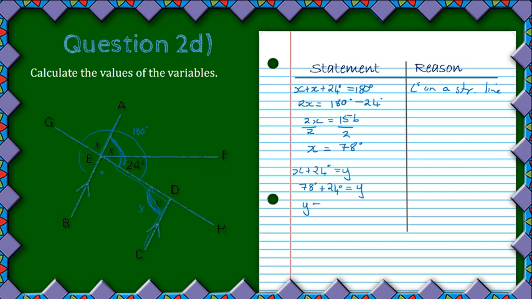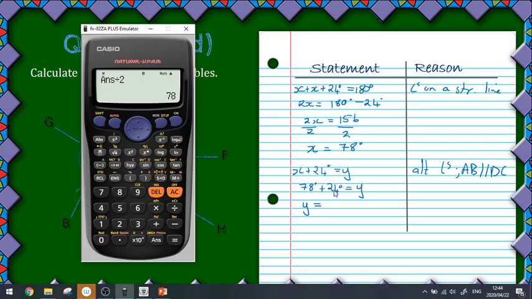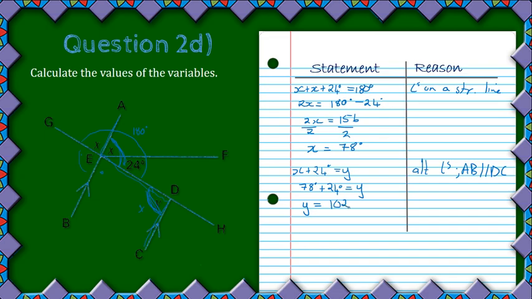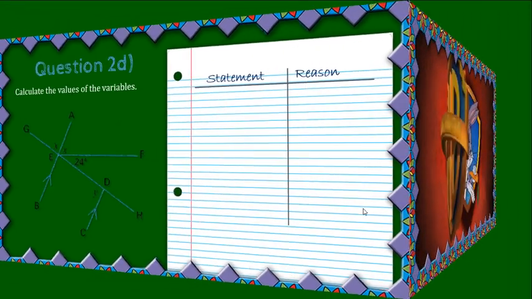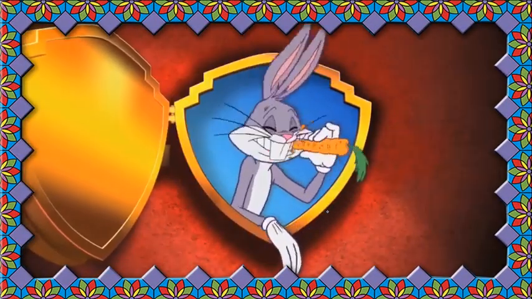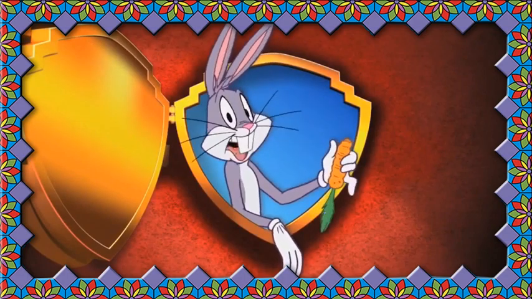Now just before we go on, the reason for these were alternate angles, and the parallel lines are AB being parallel to DC. So this together is 78 plus 24, and that gives me 102 degrees. And that's the end.